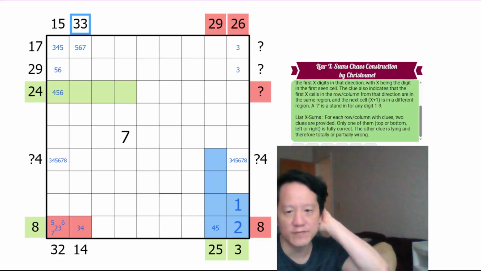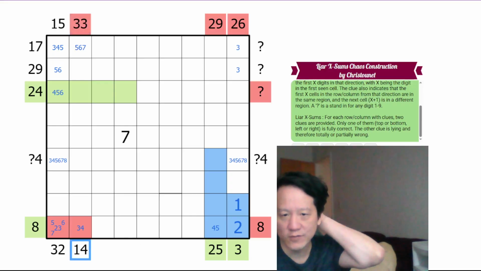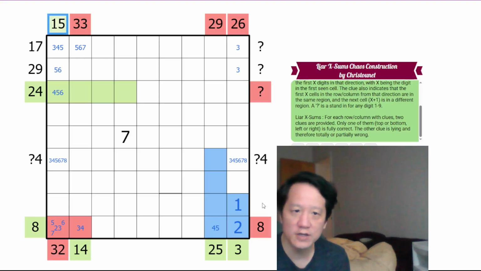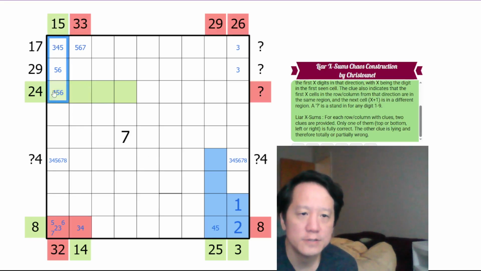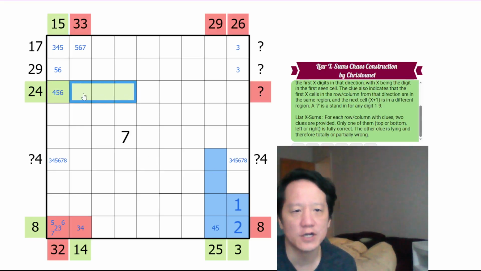So this is not valid, which means this would have to be valid, this would be invalid, and this would have to be valid here. So this would have to be the same region, I guess. So you have that the same region, that the same region.